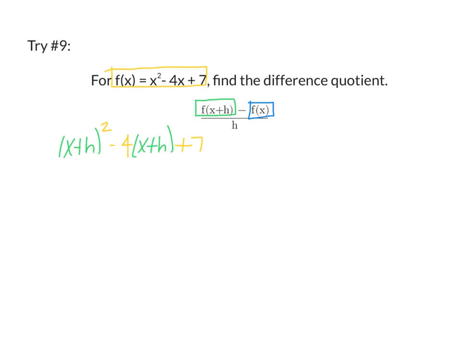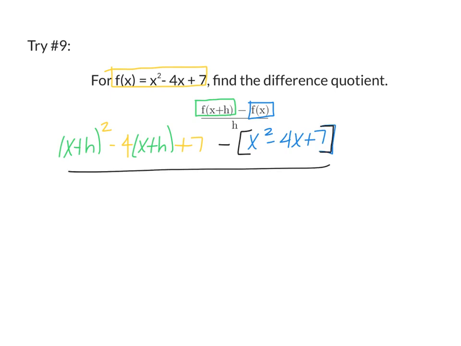Next, it tells me to subtract my original function. So again, I'm going to use brackets so that I know later on that I'm going to have to distribute that negative somehow. Okay, so if I keep my function, that's going to be x squared minus 4x plus 7. Everything stayed the same. And it's all being divided by h.